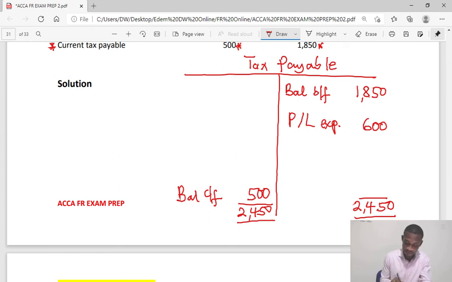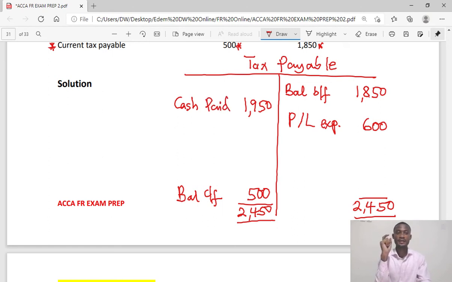The difference is 1950, and that should be the cash paid for tax. So under the operating cash flow, you will have this as an outflow. An outflow is cash paid.